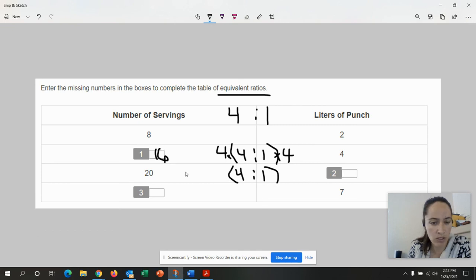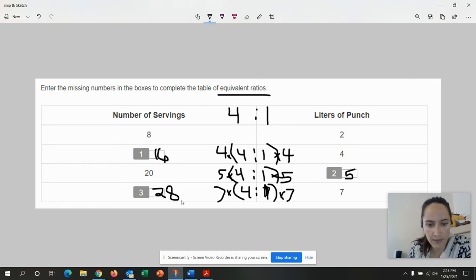I'm going to look at the information they give us, 20. 20 is 5 times 4, so I'm going to put 5. And then finally over here, 4 to 1, how do I make that 1 a 7? I'm going to multiply it by 7, and it should be 28.